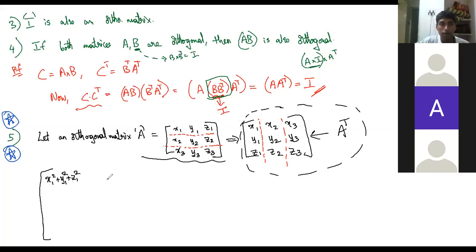What is the next element? First column, second element. x1 x2 plus y1 y2 plus z1 z2. Yeah. Third one. x1 x3 plus y1 y3 plus z1 z3.